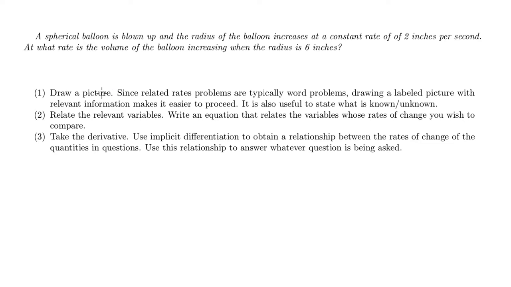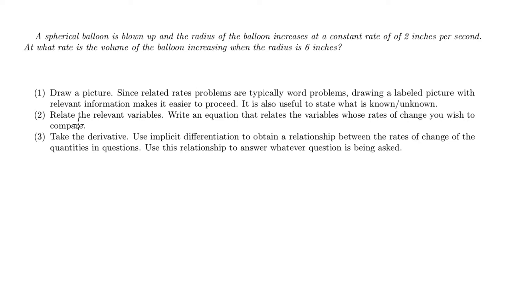And in that picture, I can label the relevant quantities, the quantities that are changing with time. I can also state exactly what I know about those quantities and exactly what I'm looking for. So I'm taking the word problem and putting it in schematic format in a picture, and then just bare bones what I know, what I want to know.